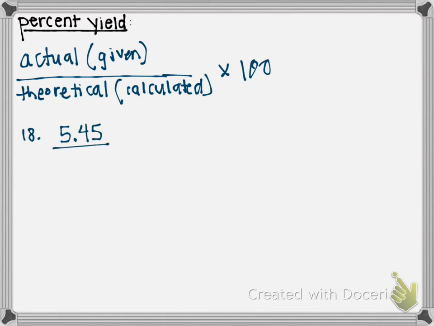Theoretical is what you calculate, and we calculated that before to be 6.036, times 100. Most of the time it should be the smaller number on top and the bigger number on bottom. If you calculate 5.45 divided by 6.036, with 3 sig figs, it would be 90.3%.